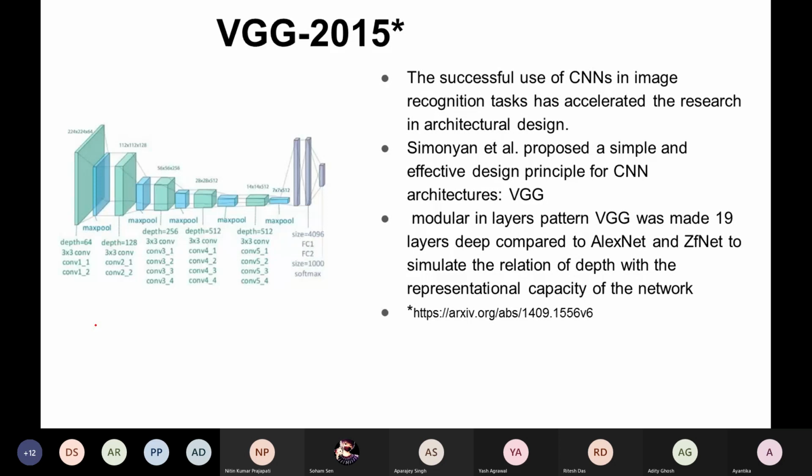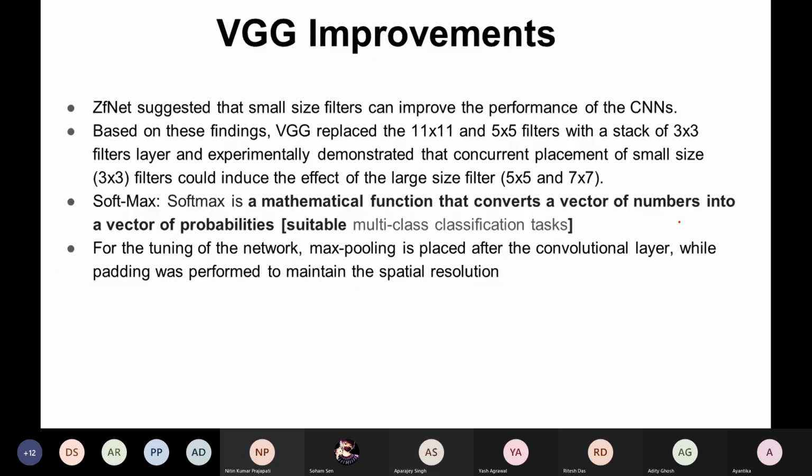VGG, which was proposed in 2015, had a modular layer pattern and was 19 layers deep compared to AlexNet. So from 5 to 8 layers, we came to 19. What is the main meaningful observation used here?